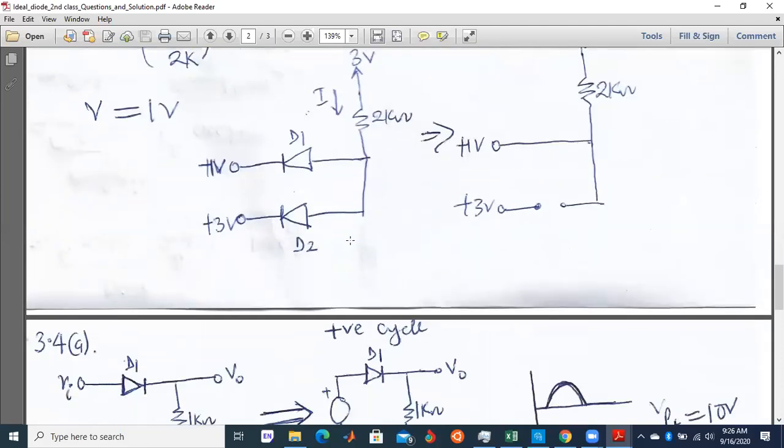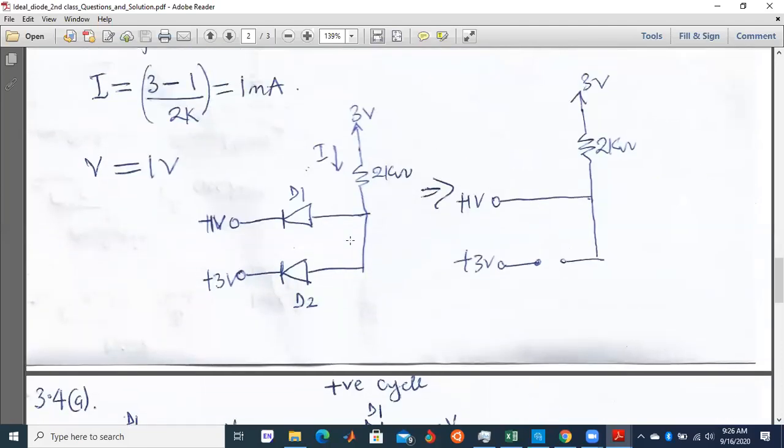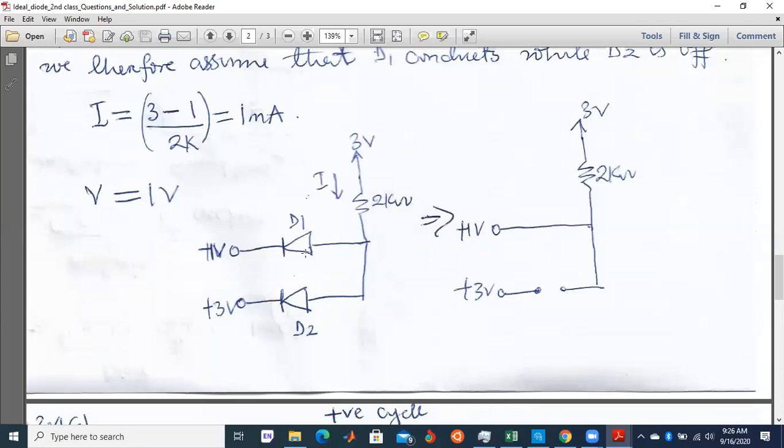I didn't understand how the voltage became 1. Okay. The reason why the voltage is 1 volt is this. Can you see my screen? Yes. You can see that 1 volt here is attached to the diode that is on. You know, this is AND gate. So you go for smaller value of the source voltage.